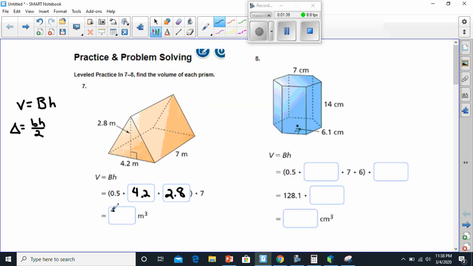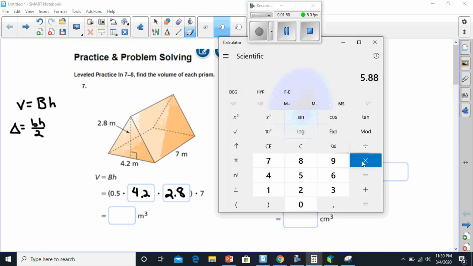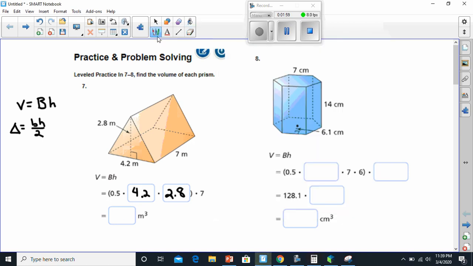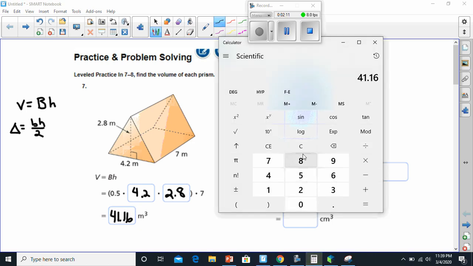Oh, sorry, I forgot to multiply it to 7, didn't I? 5.88, times 7. The volume is 41.16 millimeters cubed.